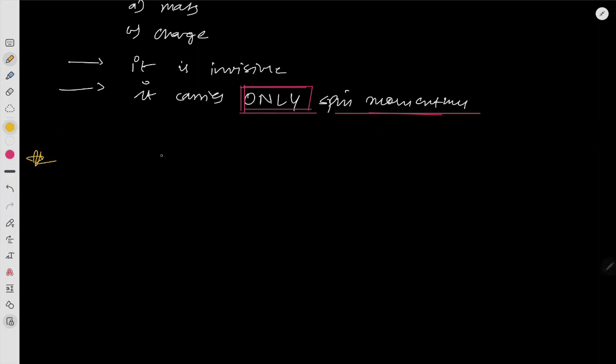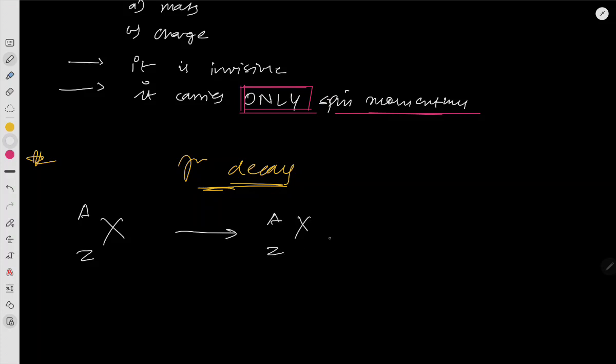And the third is the gamma decay. So in gamma decay, what happens is there's this A X Z, and there is gamma radiation release.